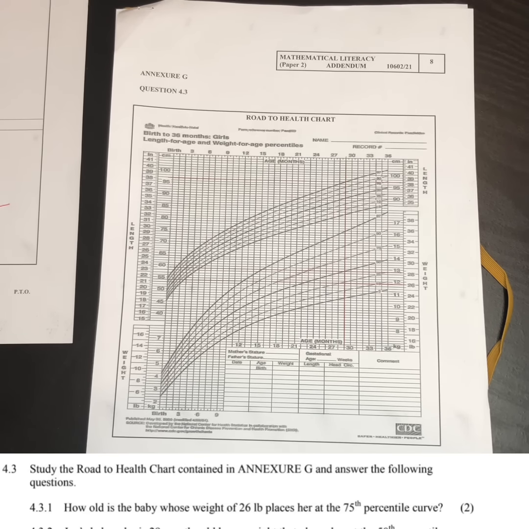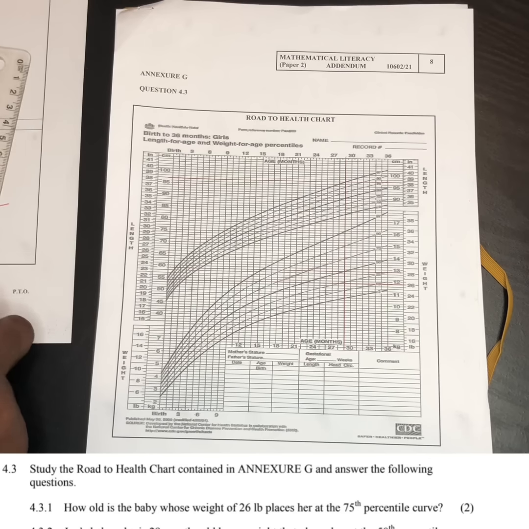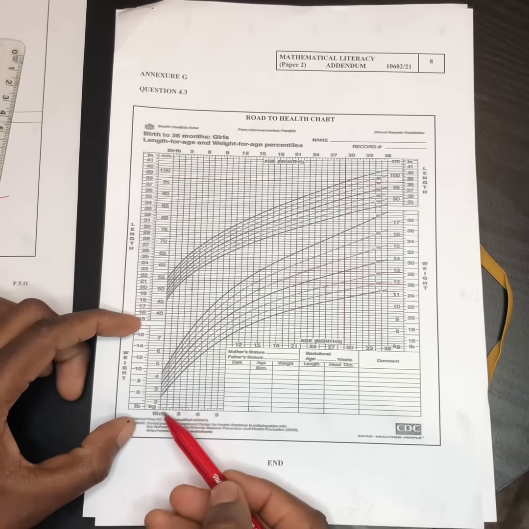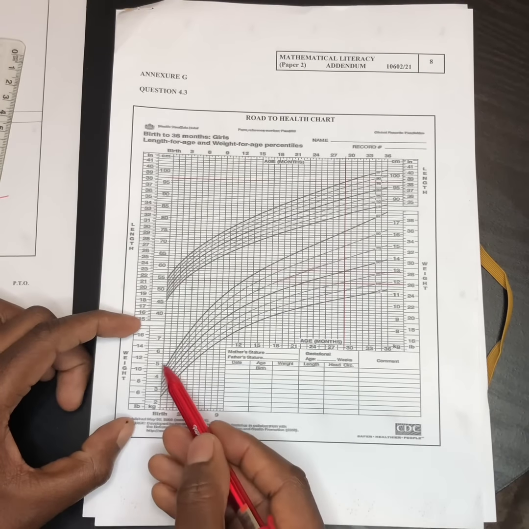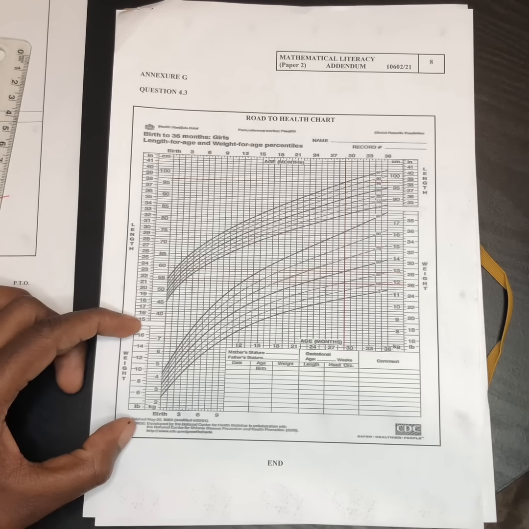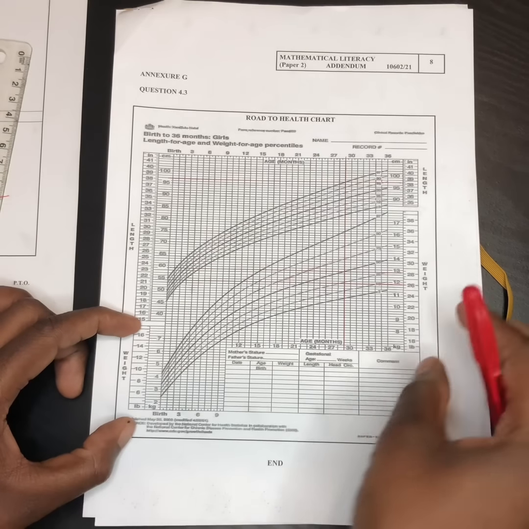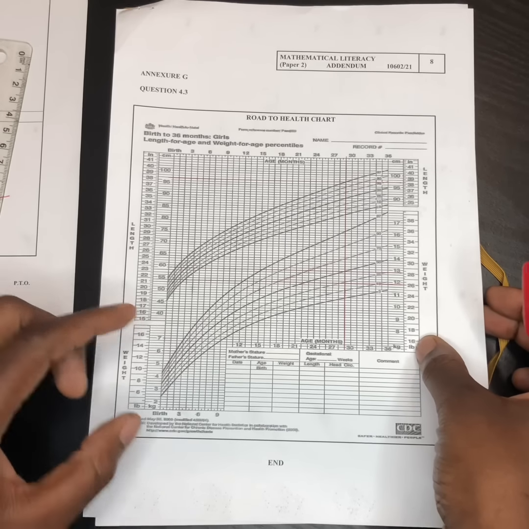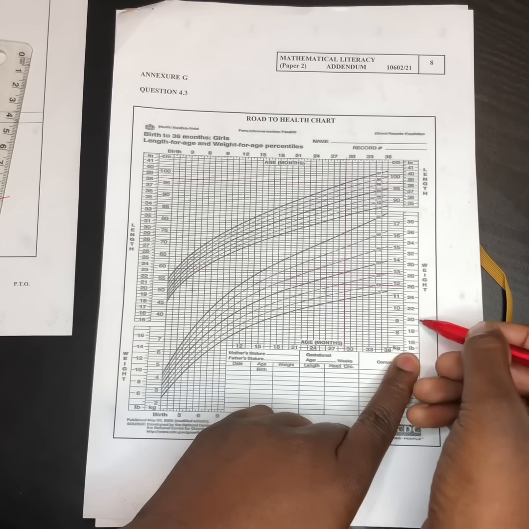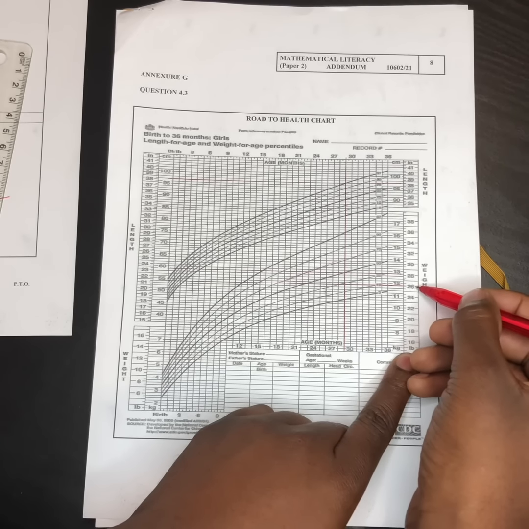The first thing that they have given us is the percentile, and the weight of this person, which is 26. We go and locate 26 under the weight. If you check here, our weight on this side is 2, 3, 4, 5, 6, 7, so this part cannot give us the 26. But if you move to the other side, we have the weights 16, 18, 20, 22, 24, 26.